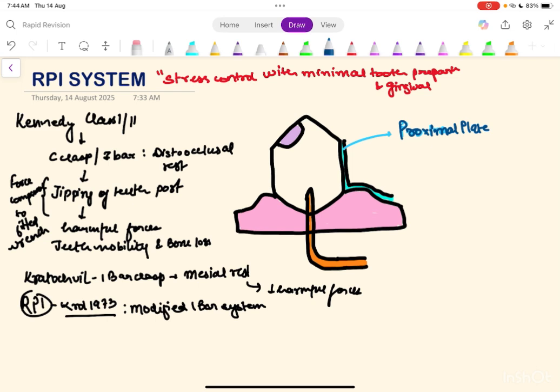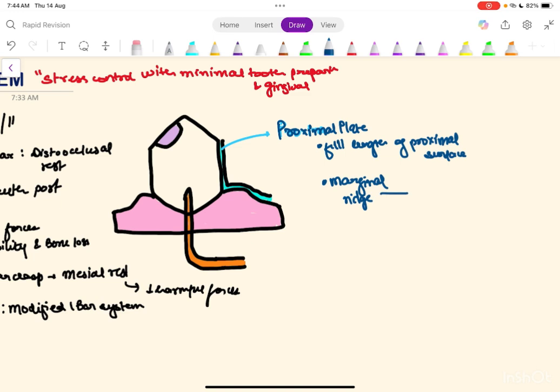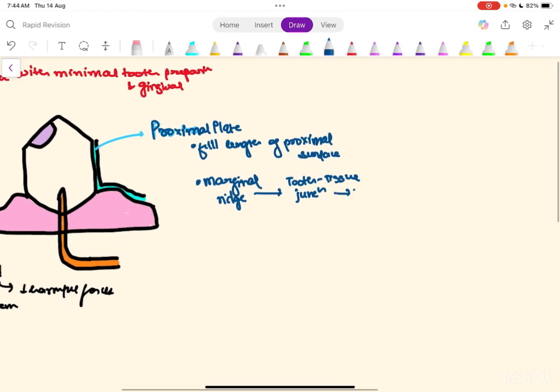This proximal plate lies on the full length of the proximal surface, from the marginal ridge to the tooth and tissue junction, onto 2 mm of attached gingiva.